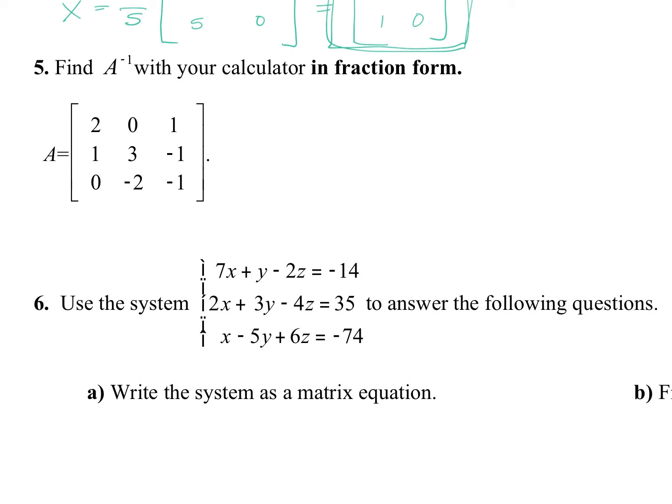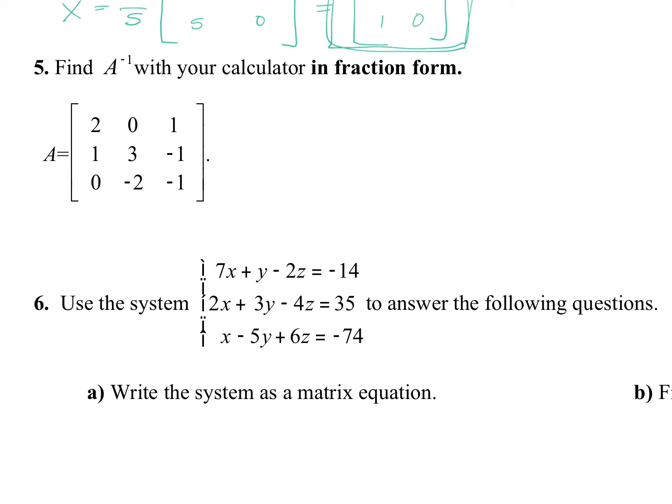So if we're going to find an inverse with our calculator in fraction form, the first thing you want to do is click second matrix. Okay. Where do you go next? You're going to arrow over to edit. Okay. And then just click enter, because you should be on A. You might already have a 3x3 in there.